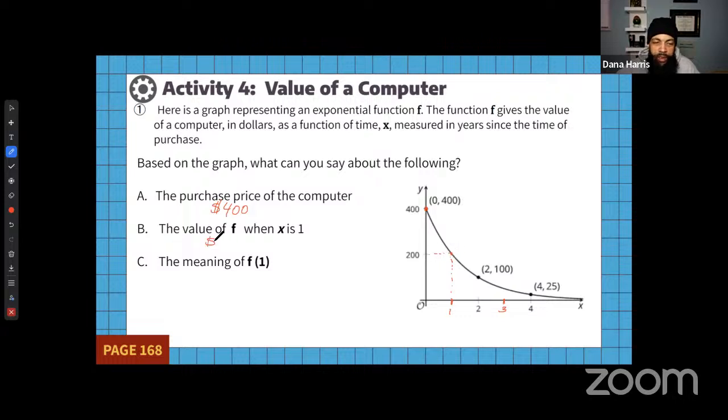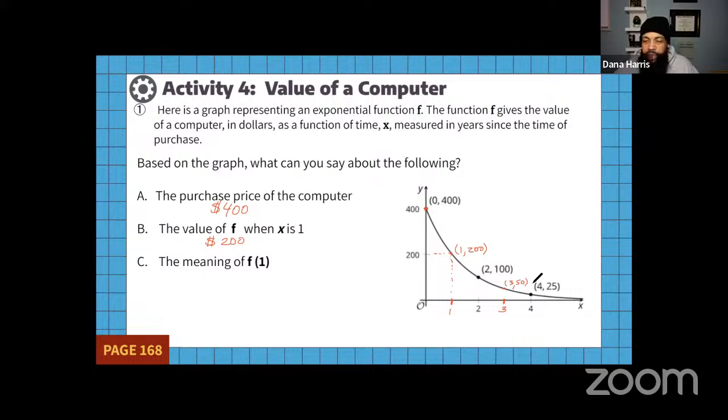So I'm going to say $200. But also, that means this would be 1 and 200, and this would be 3 and 50. Okay. So now notice, is there a pattern? 400, half of that is 200, half of that is 100, half of that is 50, half of that is 25. Okay. So that's one way we could do this.